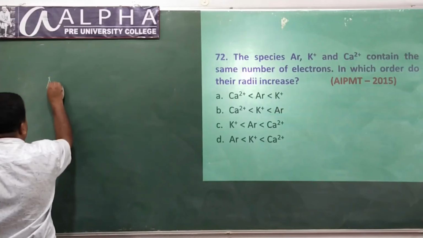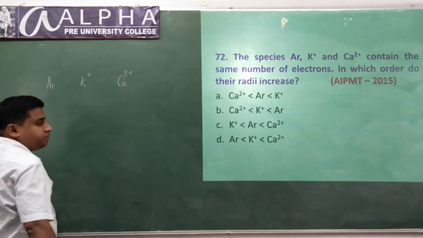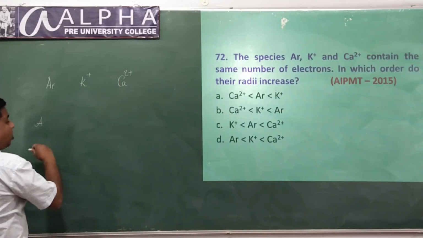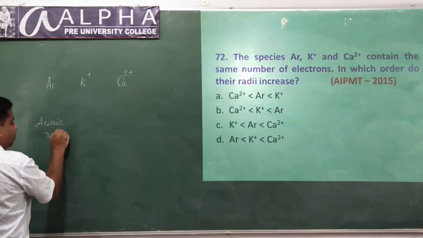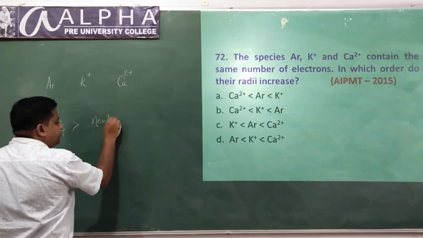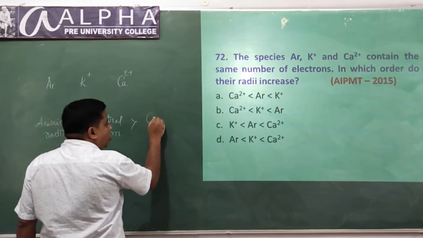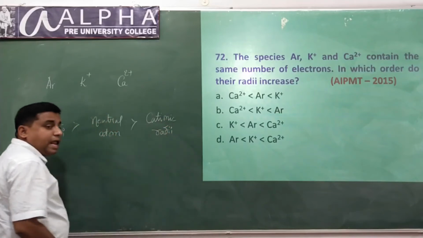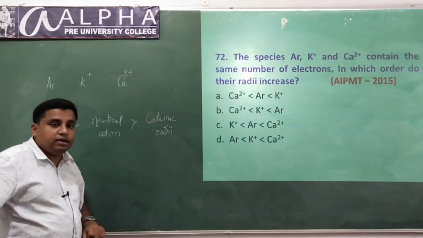So we have argon, K plus and Ca2 plus. Haven't I told you that if I talk about atomic or ionic radii, an anion is always bigger than the neutral atom, and a neutral atom is always bigger than a cation?